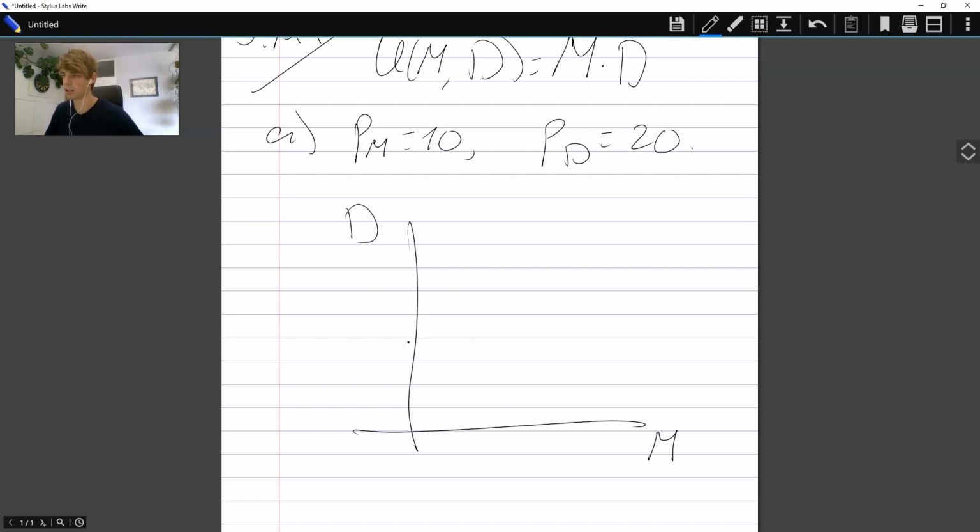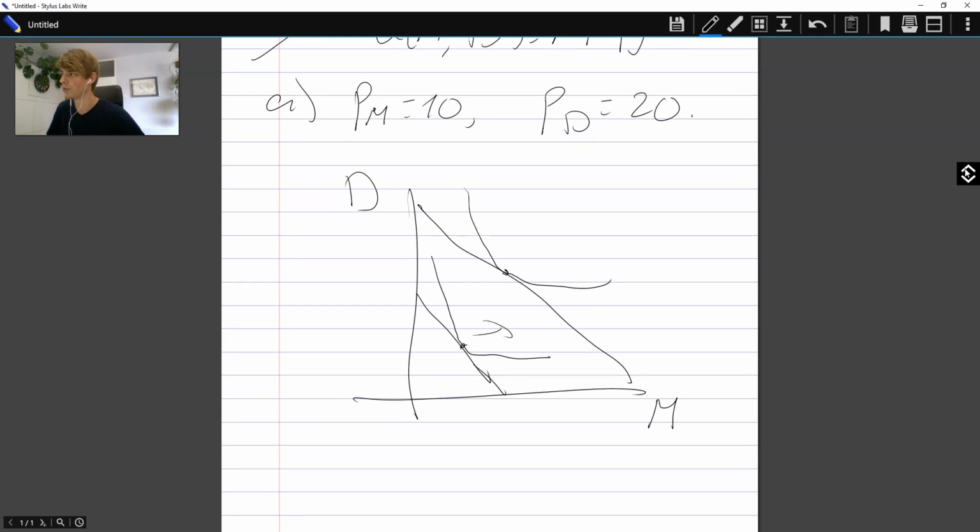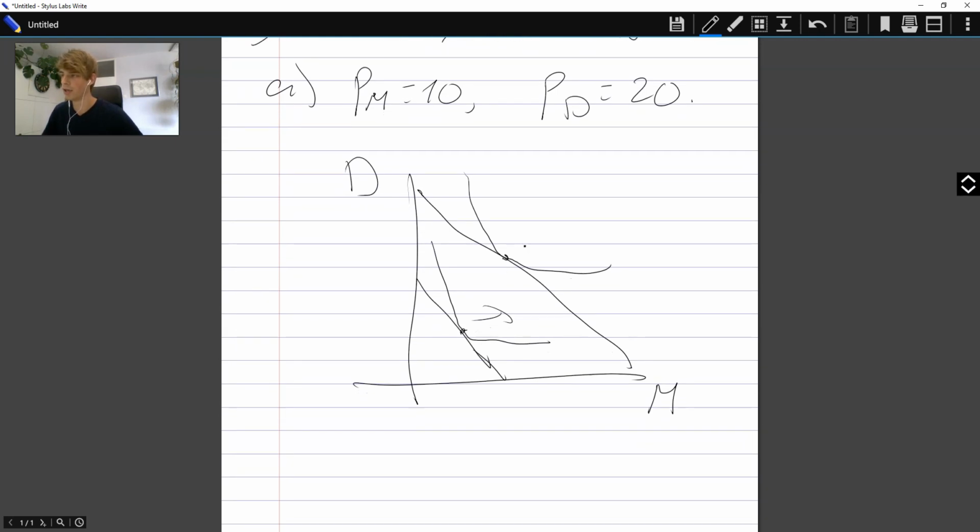As income increases, we'll have outward shifting budget constraints, so they should be parallel, of course. And then we have these points where the budget constraints are tangent to the indifference curve. This is a very sloppy drawing, but don't mind that. So these points are both on the income expansion path. That's the idea.